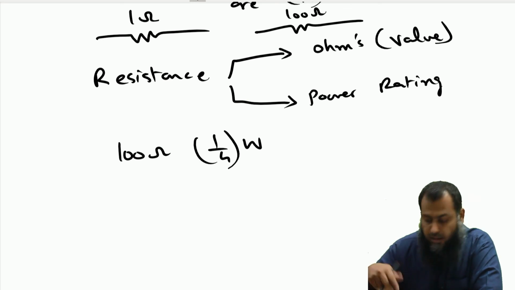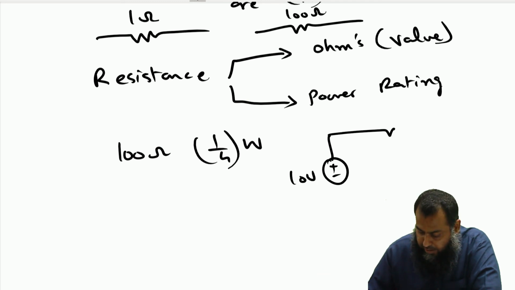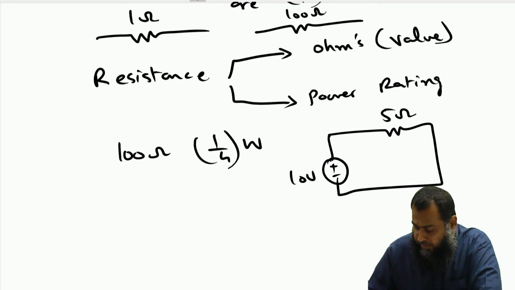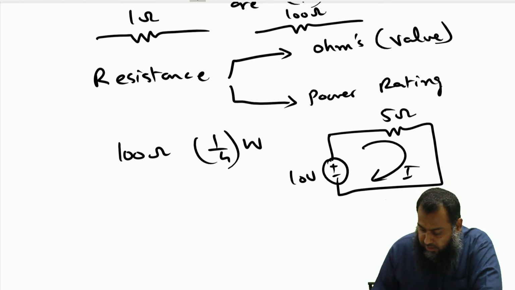For example, I have 10 volts here. This is the voltage, and I apply it to a resistance equal to 5 ohm. So there will be some current flowing through this circuit. The current is I equal to V over R, which is equal to 2 ampere.